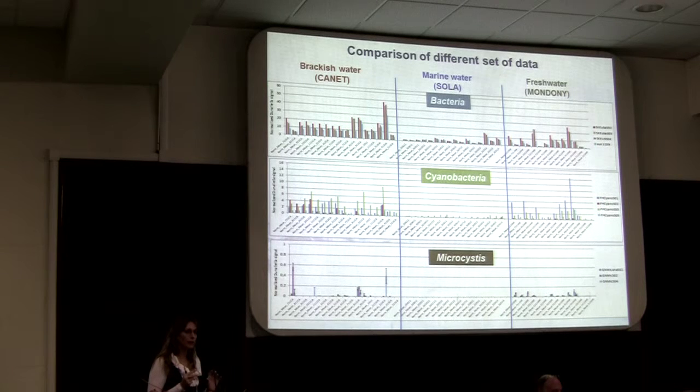We are talking about RNA, so it's related to activity. We're not talking about DNA. So marine waters are not very rich in active microorganisms. And we've got the fresh water, which responded really well to the eubacterial probe.